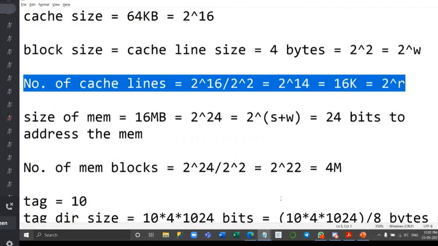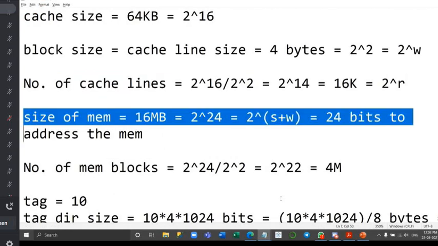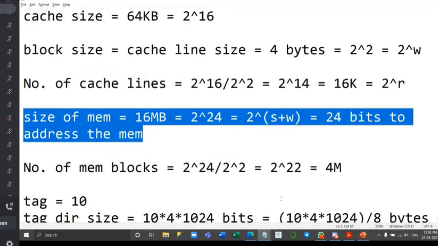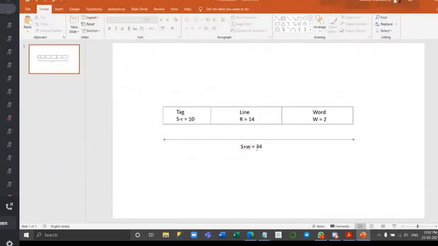We found from the main memory that we need 24 bits to address the entire memory. So the total address bit size is 24. Out of 24, 14 plus 2, that is 16, have already been taken, and the remaining part is 8. So we need 8 bits to represent the tag.